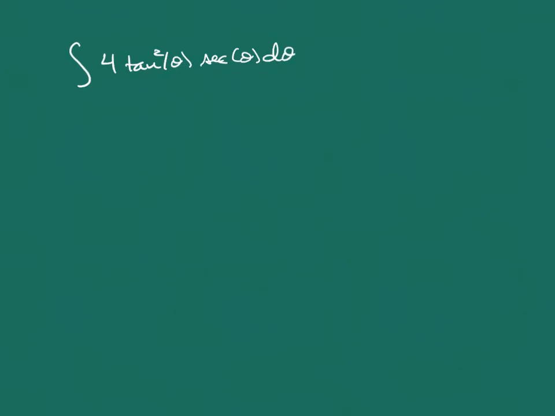And so I have a trigonometric integral, and now I apply all of my techniques from the previous section to deal with trigonometric integrals. Here, I'm seeing that the power on tangent is 2, so I can write that tangent squared as, using my trig identity, 4 times the integral of secant squared of theta minus 1 times secant of theta d theta.